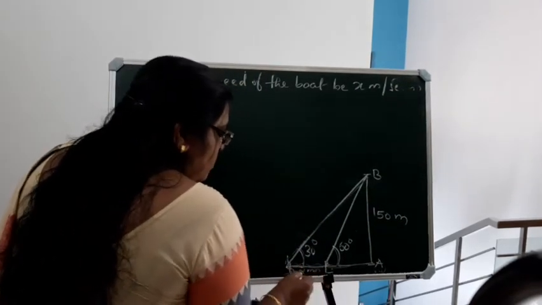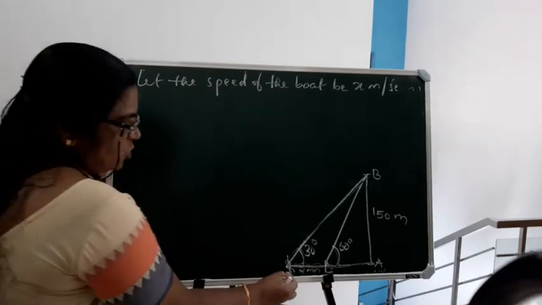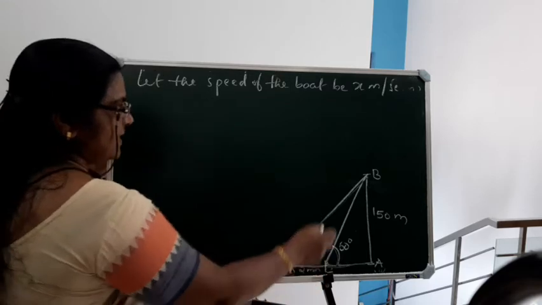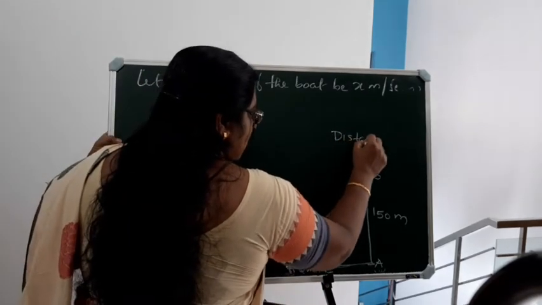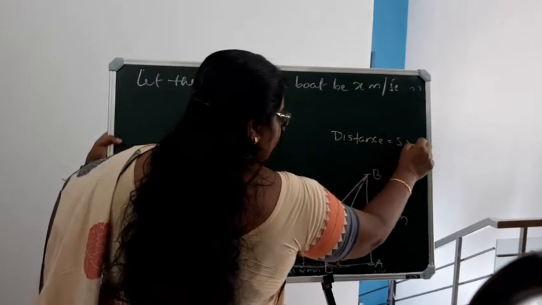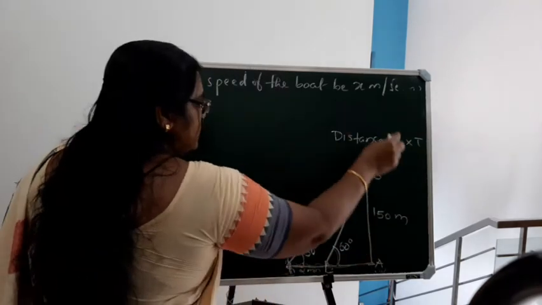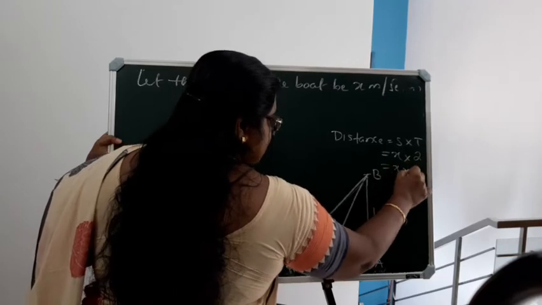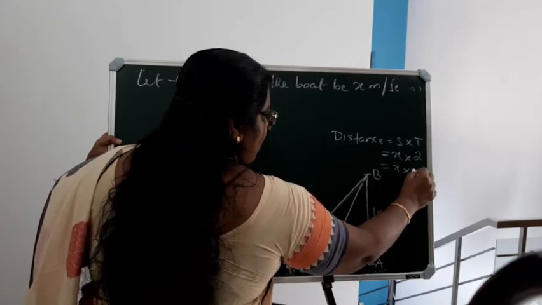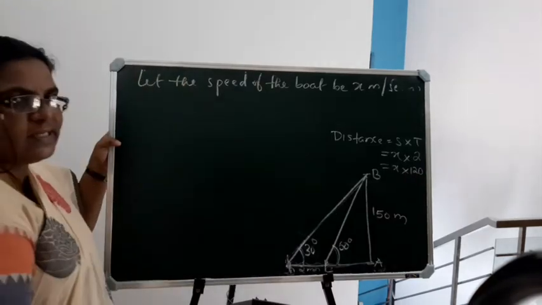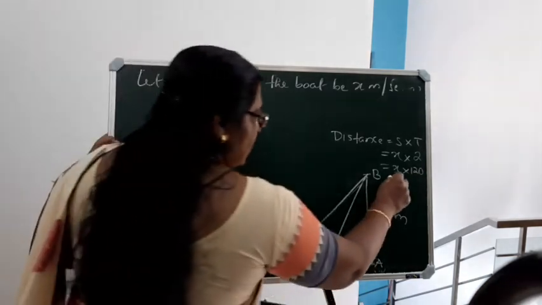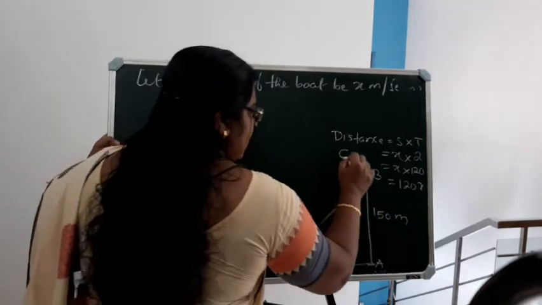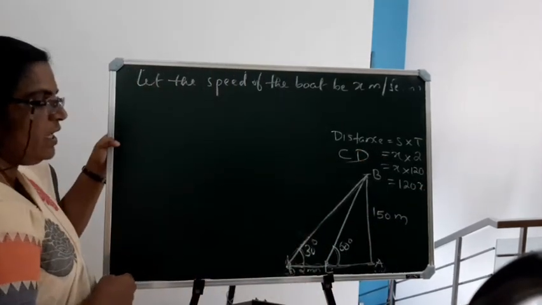Here the time given is 2 minutes, the time taken to travel from C to D. So we can write the distance: distance is equal to speed into time. Our speed is x, so x into 2 minutes. We can write 2 minutes in seconds: 2 into 60, that is 120 seconds. So this is equal to 120x. Our CD is equal to 120x.